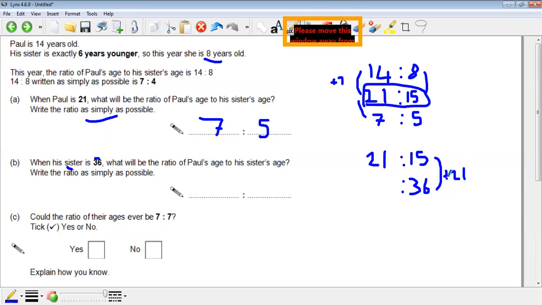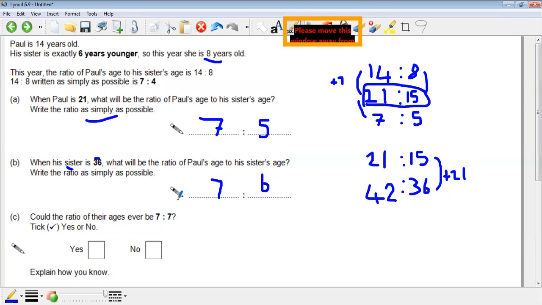That's 21 years older. So we're going to have to increase his age by 21. And then he wants it as simply as possible. They're both in the 6s. 6 6s are 36. And 7 here, because that's 42.